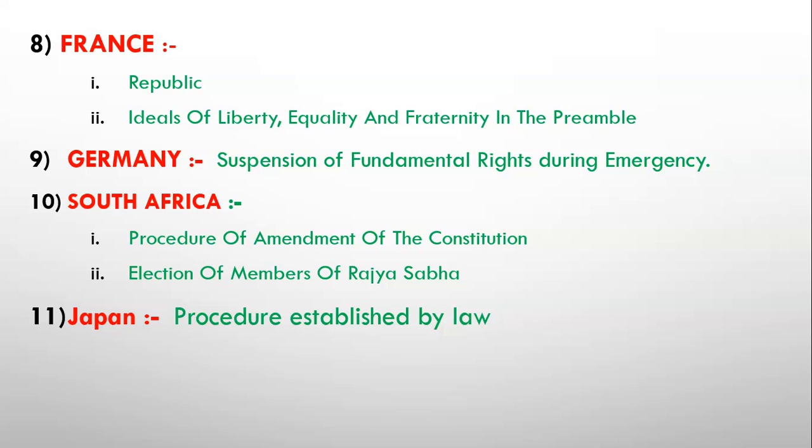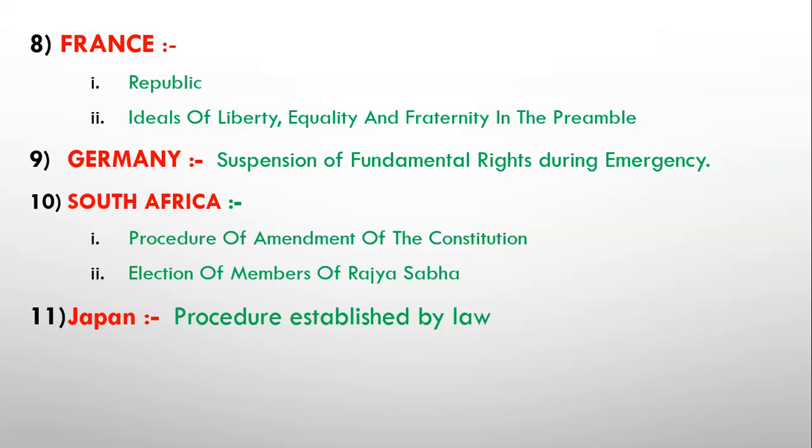Now friends, what we have adopted from the Constitution of Germany is the suspension of fundamental rights during emergency. During emergency, for example war, external aggression, or any internal disturbance, such as armed rebellion, certain fundamental rights are suspended.